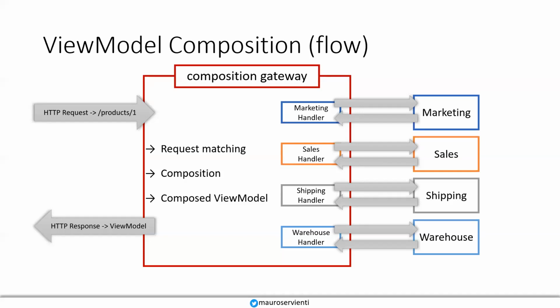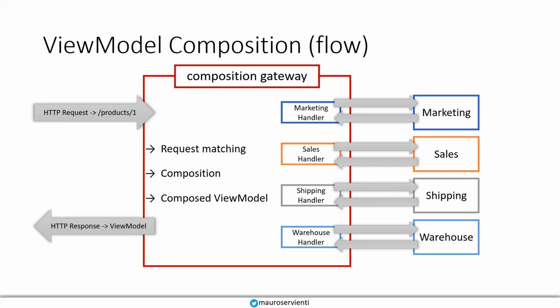So trivially thinking about it, think about 2 for eaches nested within each other. The first for each will iterate over all the available services, saying, are you interested in this request? The second for each will iterate over everyone that replied yes or true to the previous one, and will say, hey, compose this view model.